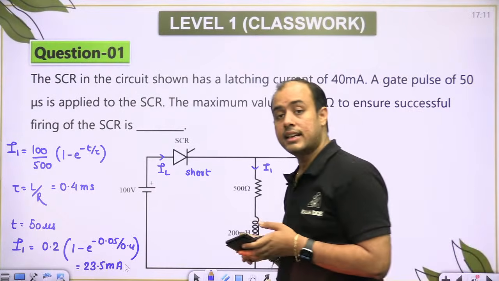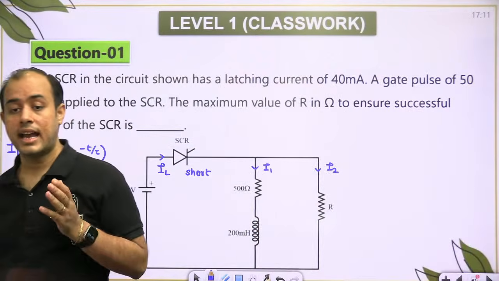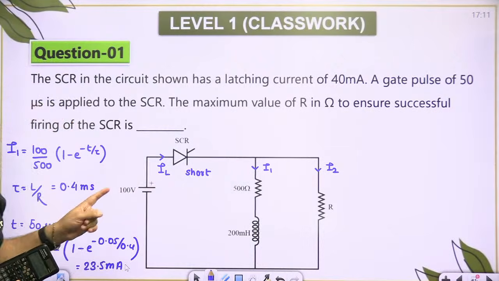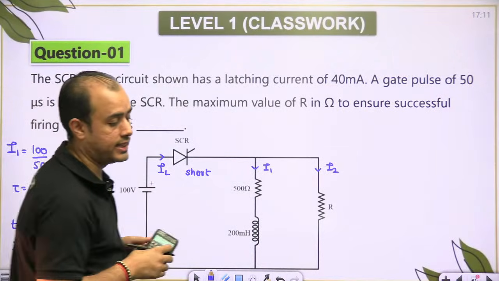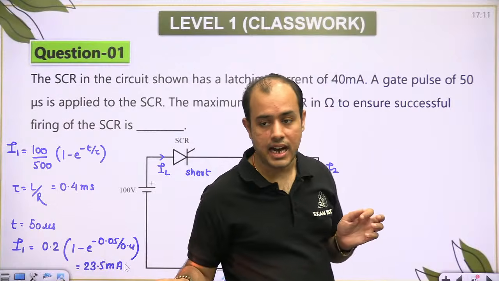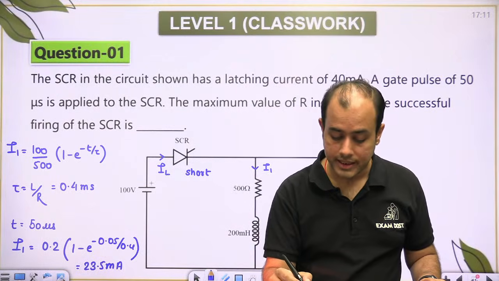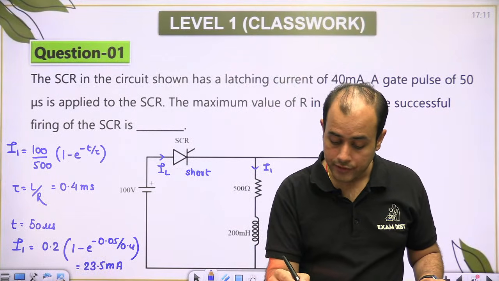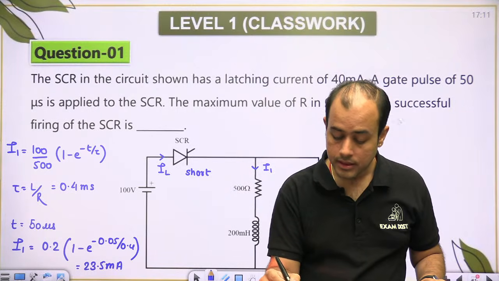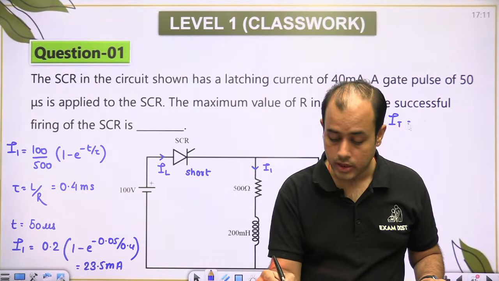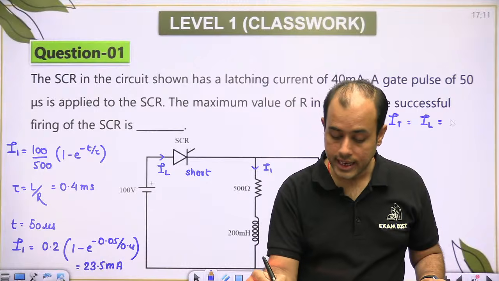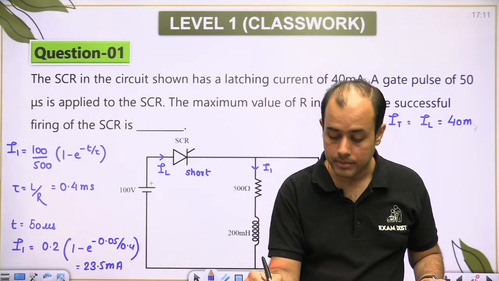But beta, by the time the gate pulse ends, your SCR should reach the latching current. When the gate pulse ends at 50 microsecond, thyristor current should be equal to latching current. Then only it can turn on.